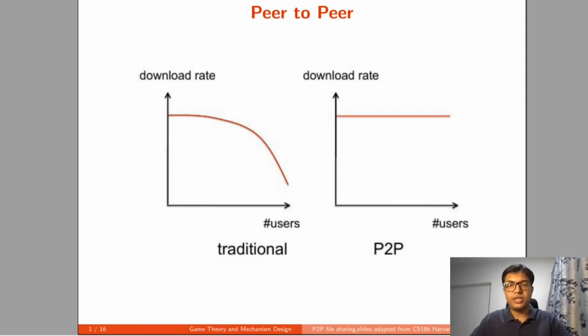Whereas in peer-to-peer file sharing, there is no fixed server and no fixed client. Each user has the dual role of acting as a server as well as a client. Therefore, whenever they get some pieces of a file, or some file that they have downloaded, they also act as a server to share that file with the other users.